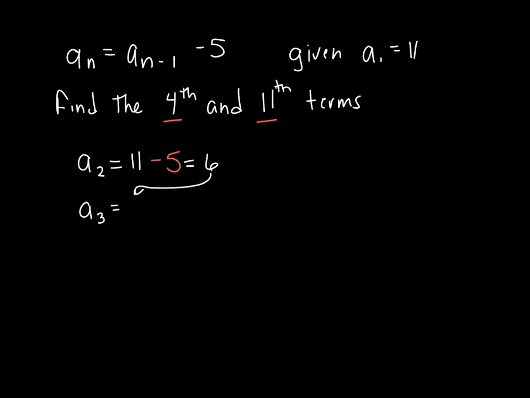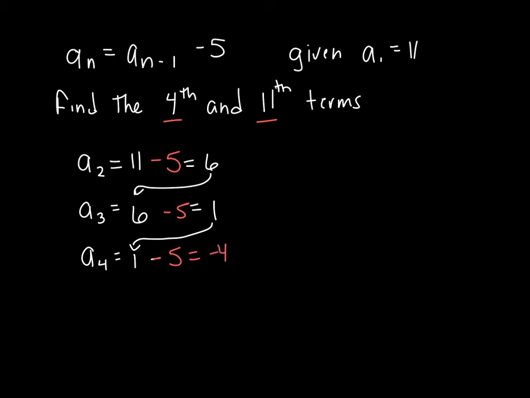So that previous term is 6 minus 5, which gives me 1. I want to go ahead and find A4. I need that previous term, A3. So that's 1 minus 5, which equals -4. So that's one of the answers that I need.